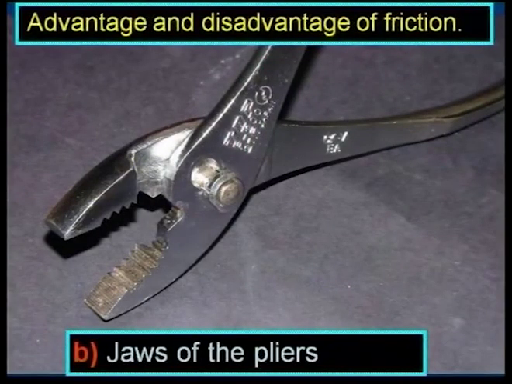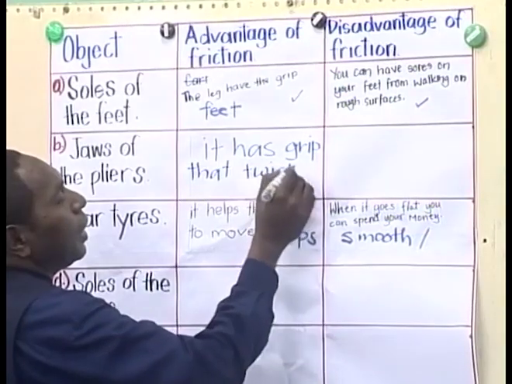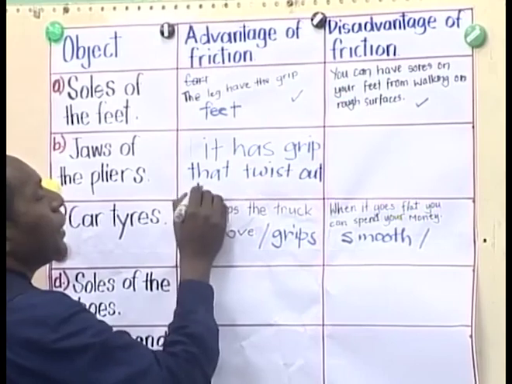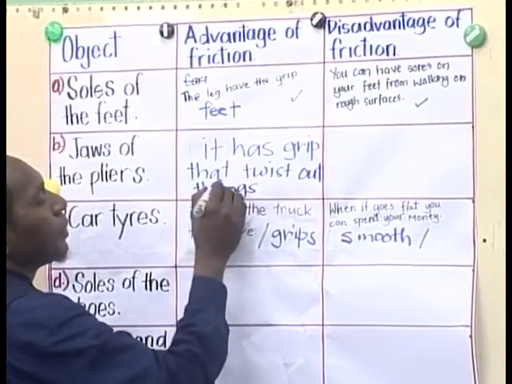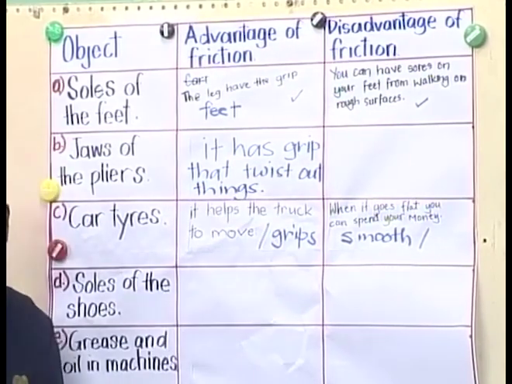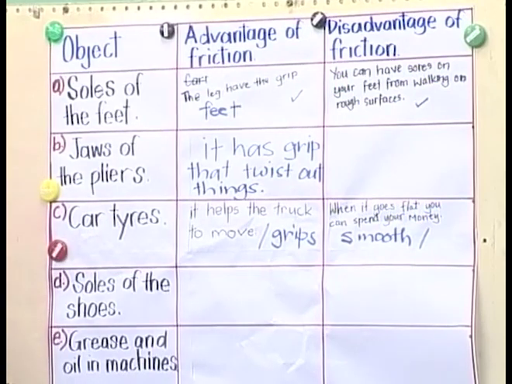Okay, it has very good grip that twists out things. And of course, there is a disadvantage. If there was no grip, then you wouldn't be able to twist out things. It's the opposite. Okay, very good.